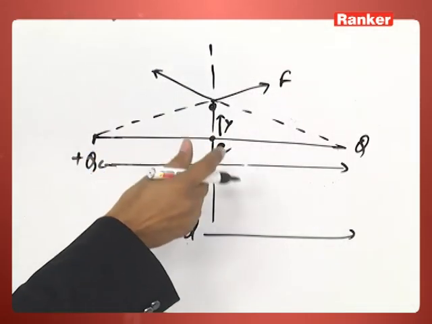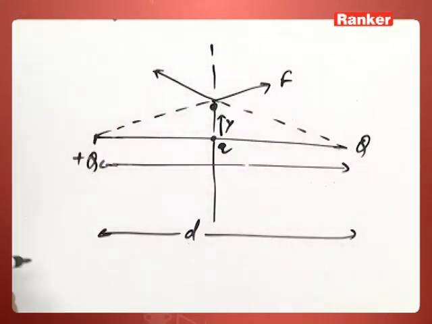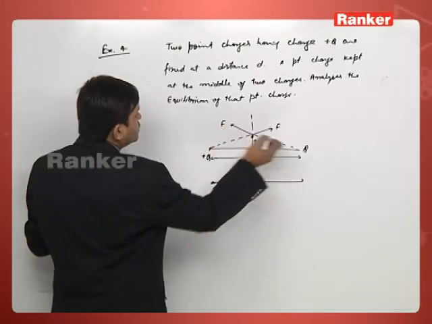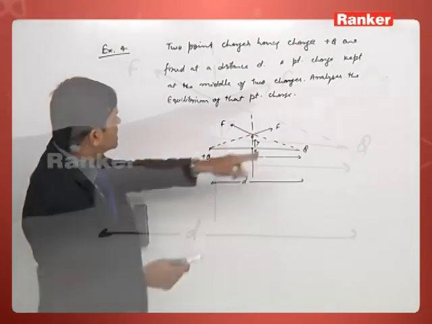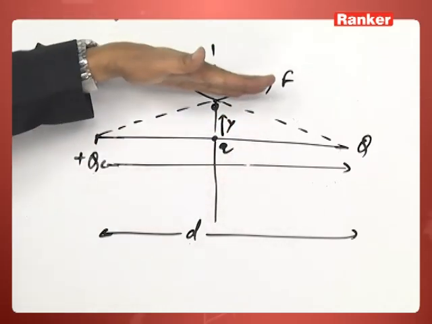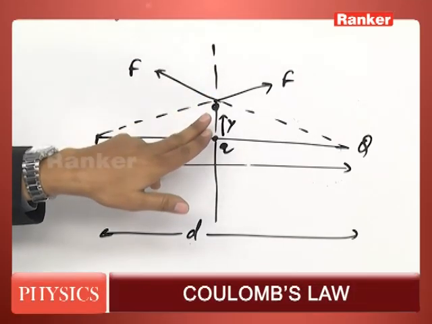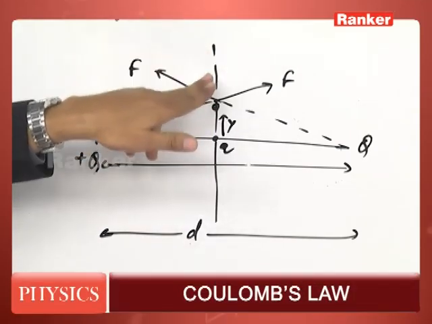Since charge q is displaced symmetrically about these two charges, the forces are the same in magnitude as well as in direction. So one component of force is horizontal, which cancels out, and another component is vertically up.